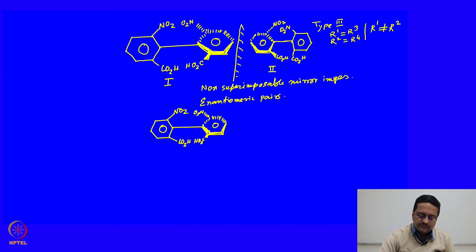So, if we look at this molecule from the left hand side, what we see is that those NO2 and CO2H groups are pointing away from me, and the right hand side one is nitro and left hand side one is CO2H. So, what we draw as the wedge projection is this one.